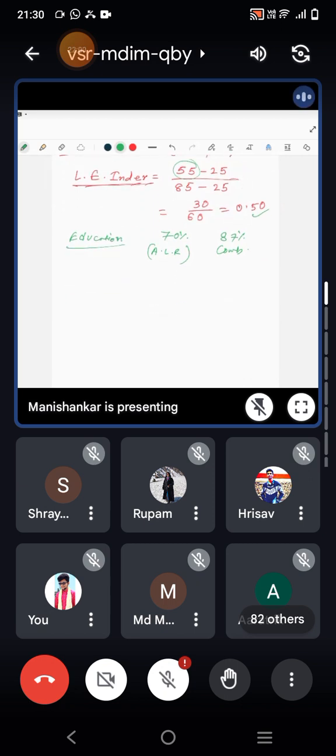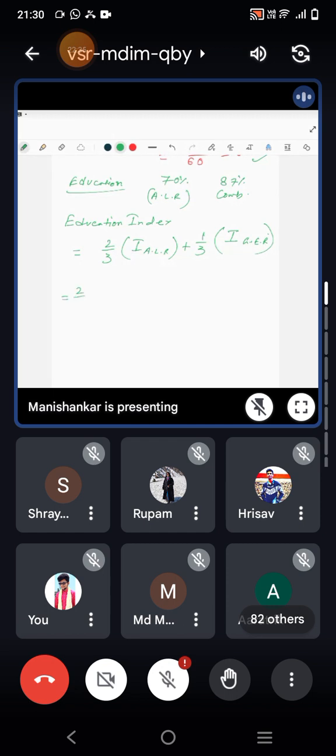So how to calculate the indicator? When you calculate the education index, not indicator, index, you should consider 2/3 of the index of adult literacy rate plus 1/3 of the index of combined gross enrollment ratio. This is 2/3. Now how to calculate the index?